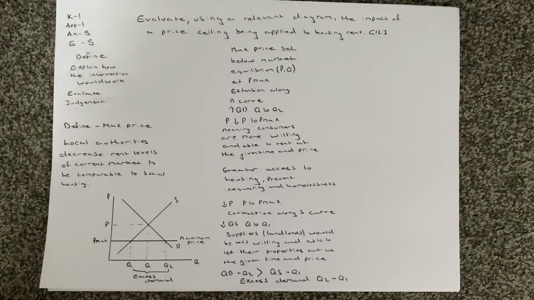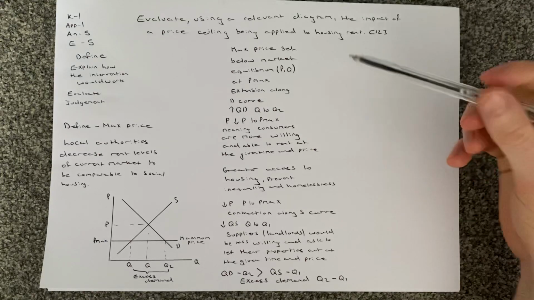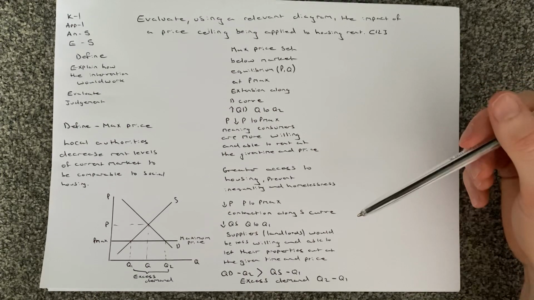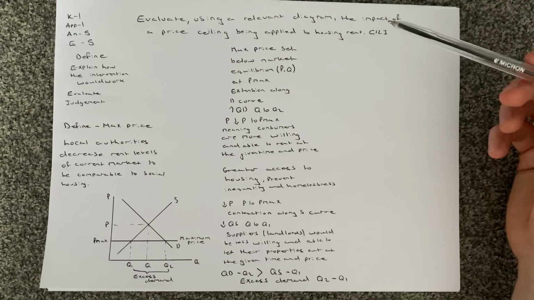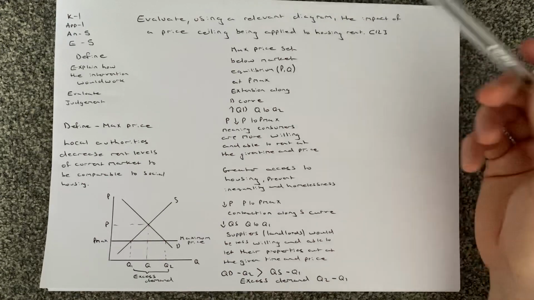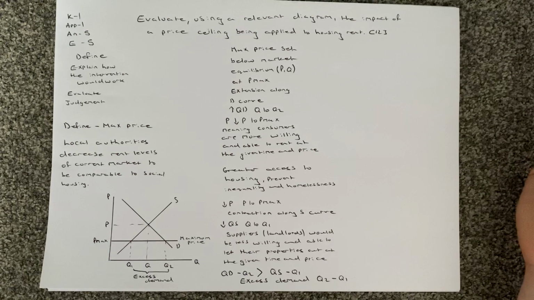Okay, so what we need to make sure we mention in our response is obviously all that I've just gone through there. That clearly explains how a maximum price works and the impact of the maximum price being applied to housing rent.